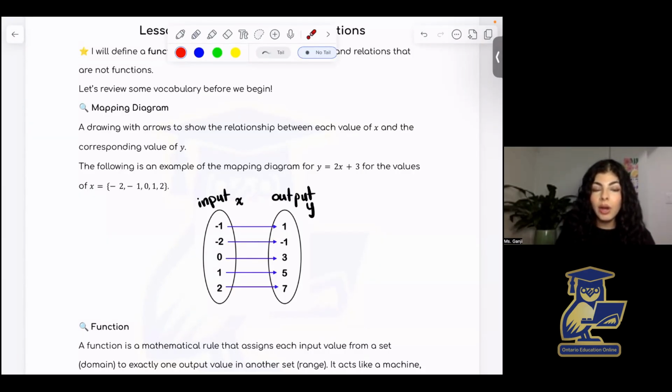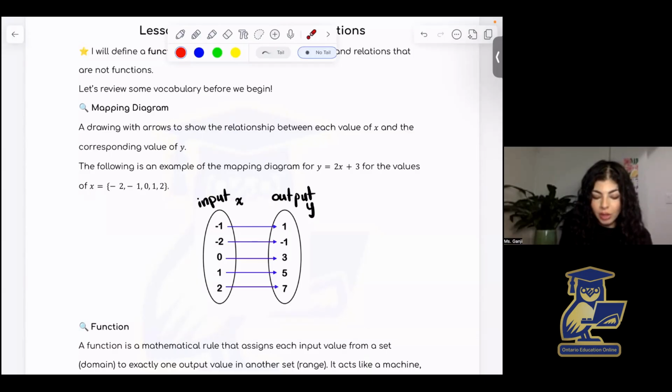And we only are given 5 input values, -1, -2, 0, 1, and 2. And these are the set of my input values, so x here.